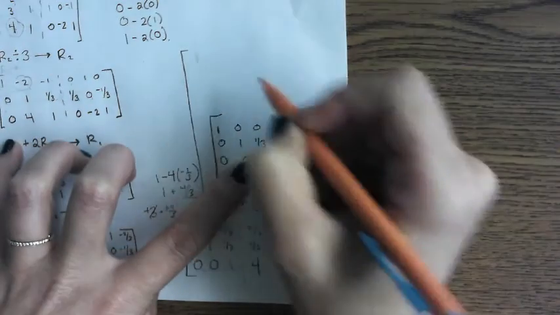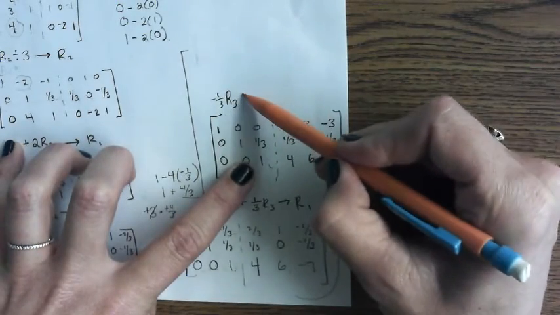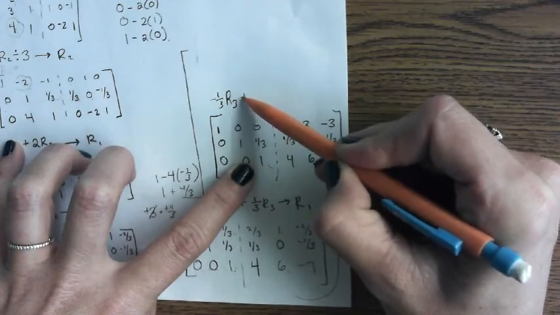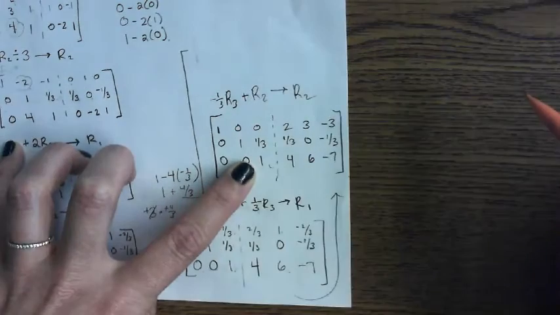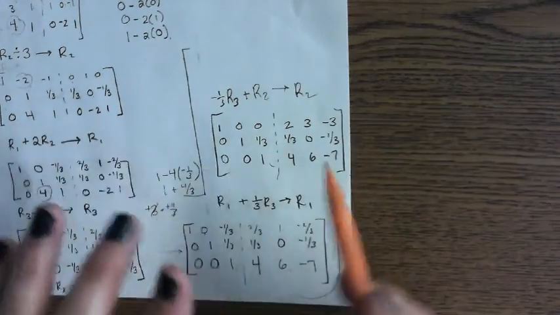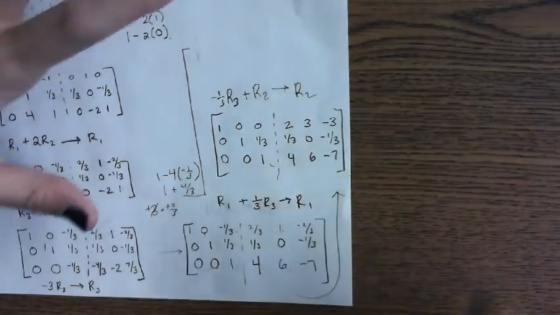Very good. So we're going to take row 3 and multiply it by negative 1/3 and then do what with that? Row 2. Very good. And that replaces row 2. He wrote that in a little bit of a different order than I did, but it's totally fine.